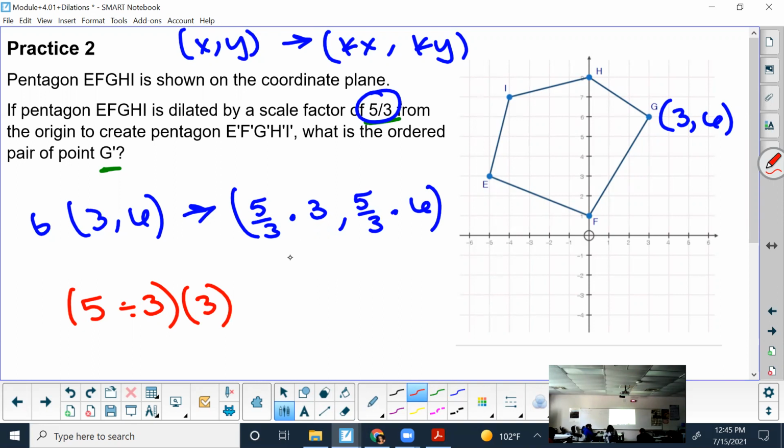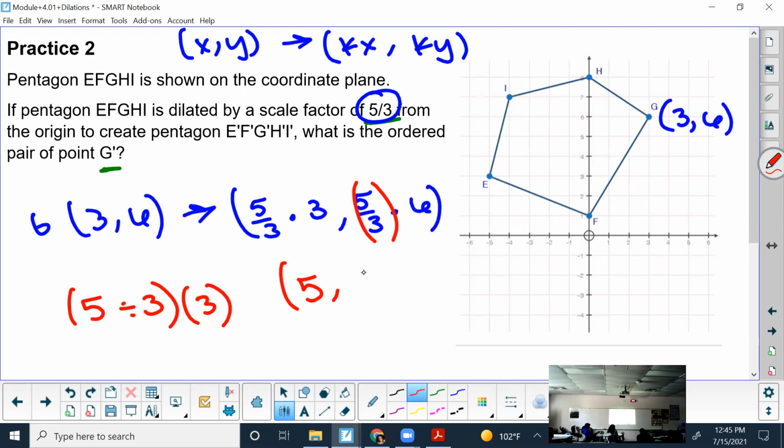What value did you get for x? You should have gotten 5, right? Then do the same for the other one. Do 5/3 in your calculator times 6. Put it in parentheses so that it reads it the right way.